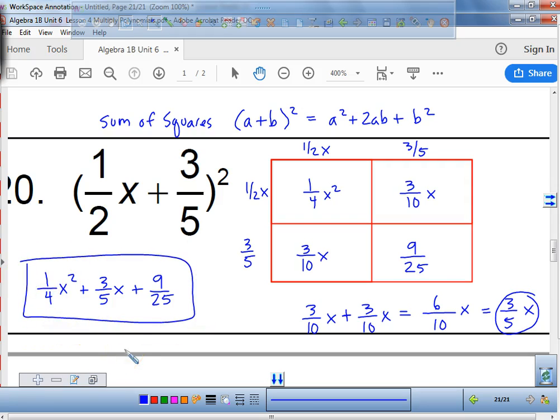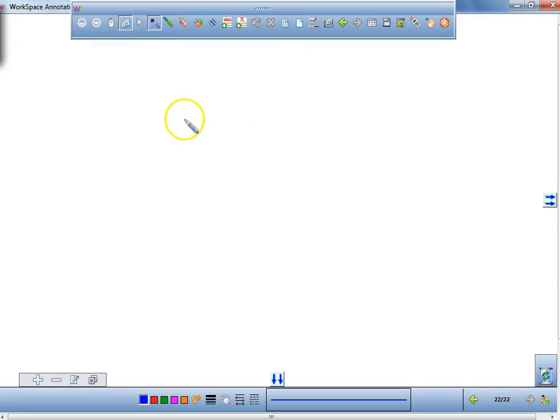Now, remember how you guys have a difference of squares in your journal? The way you put a difference of squares, I'm going to give you an example of a sum of squares. I'm just going to give you 4 examples of a sum of squares, and I want you guys to write this down in your journal, because this is another special product, sum of squares.